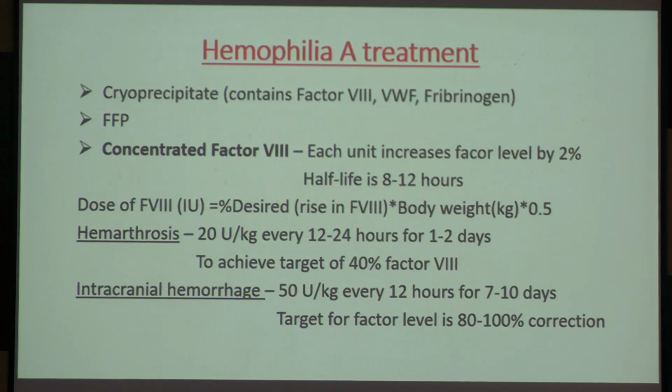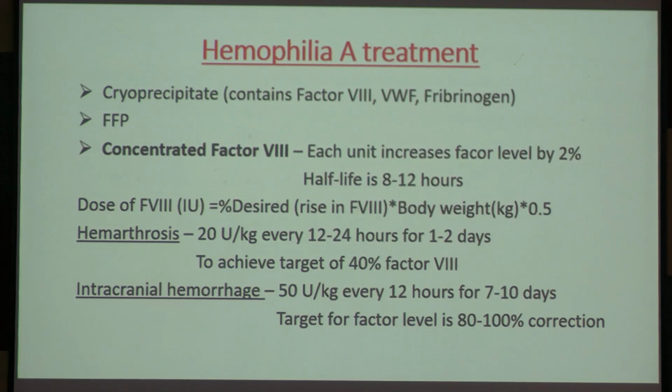Each unit of concentrated factor 8 increases the factor level by 2%. So, if there is severe factor deficiency, we have to give more concentrated factor 8. Like in hemarthrosis, the dose is 20 unit per kg every 12 to 24 hours for 1 to 2 days.